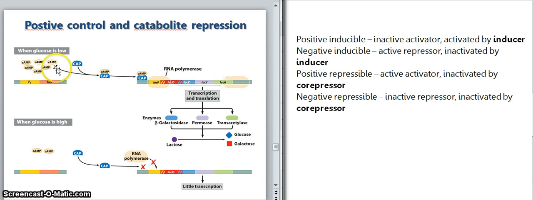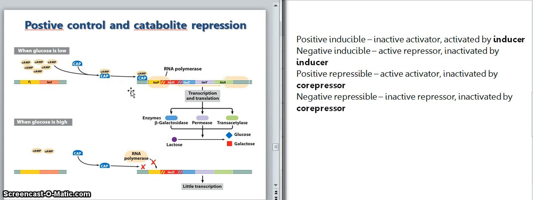The availability of cyclic AMP depends on glucose availability. So if glucose is low, cAMP production gets stimulated, and then it can induce binding of this CAP to a bunch of other sites to stimulate production of alternative pathways to glucose metabolism.